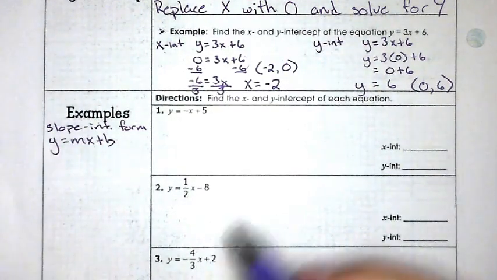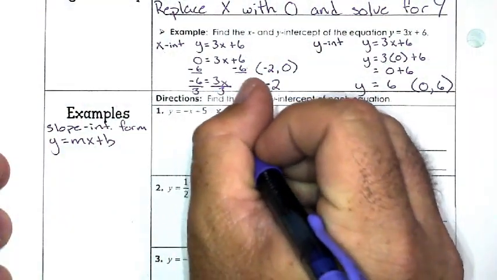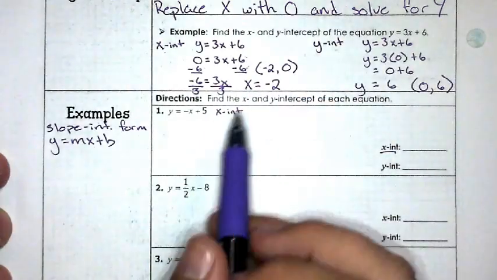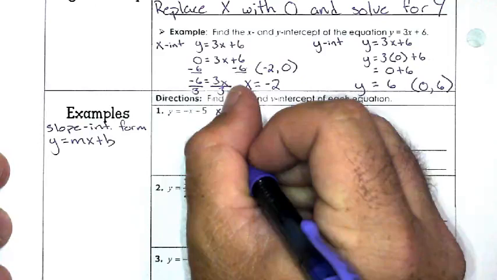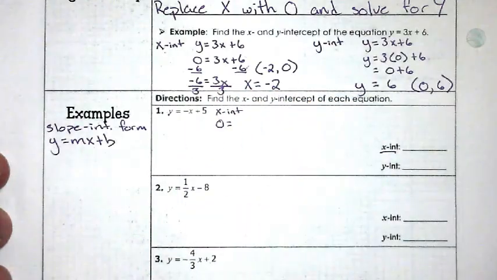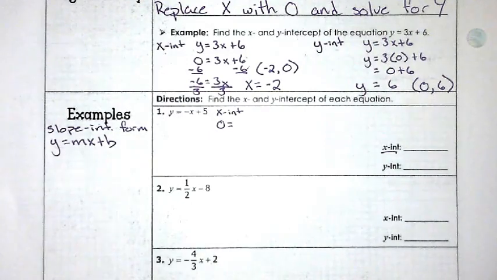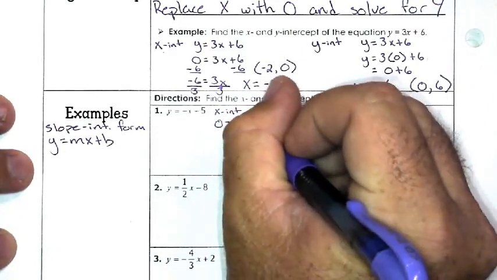So I want to solve for the x-intercept first. Which means instead of having y, I have 0 equals. Now this does say negative x. What number do we assume is our coefficient? 1. So I'm going to have negative 1x plus 5.